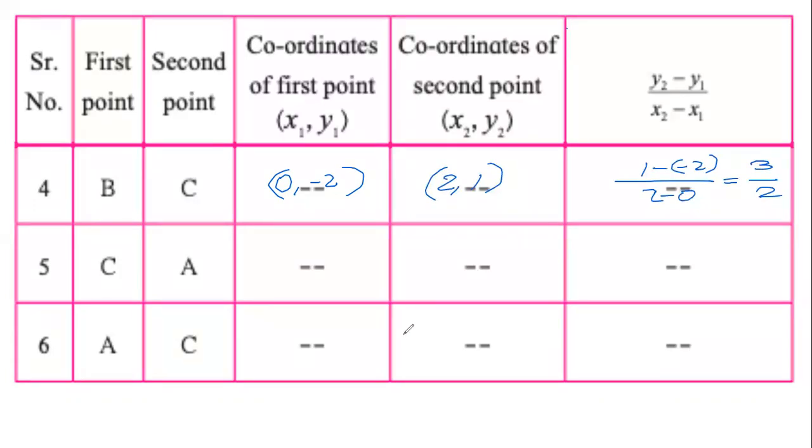Check what you are getting for C and A. Help me write it. What are the coordinates of C? What are the coordinates of A? What is the ratio (y2 minus y1) divided by (x2 minus x1) in case of CA and in case of AC? Calculate and confirm.